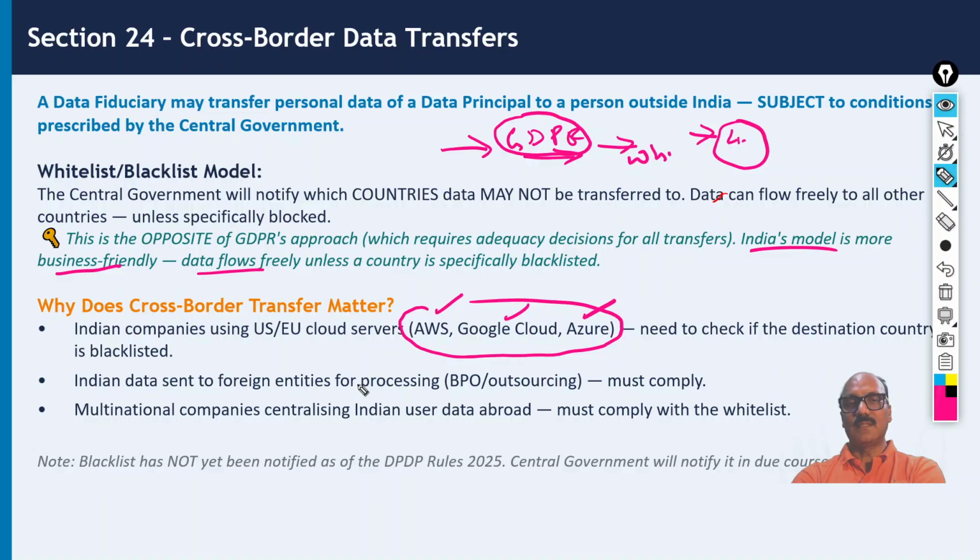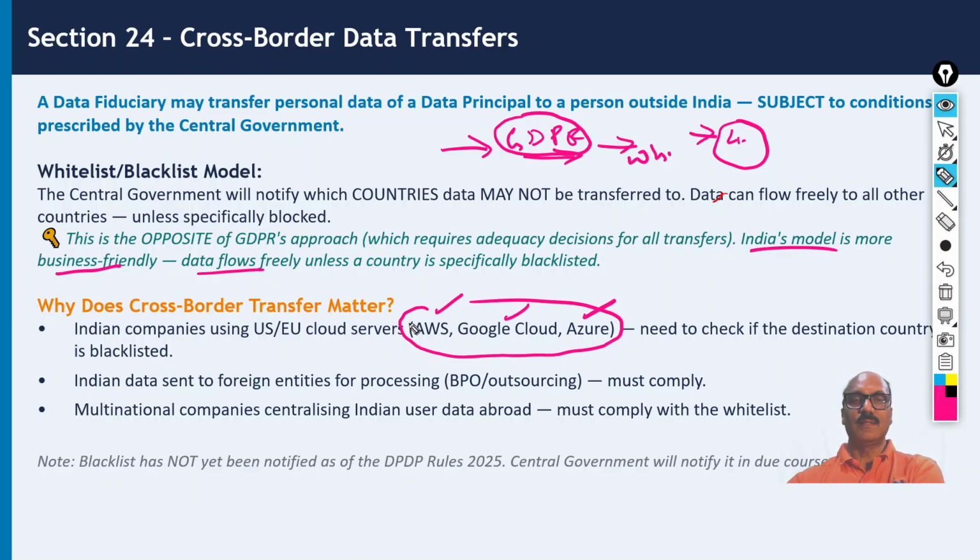So the predominant data centers are there where these cloud infrastructures are built. Data has to move there. If we put provisions similar to GDPR, there will be too many compliance requirements that each and every company has to meet, and it will indirectly affect business growth.